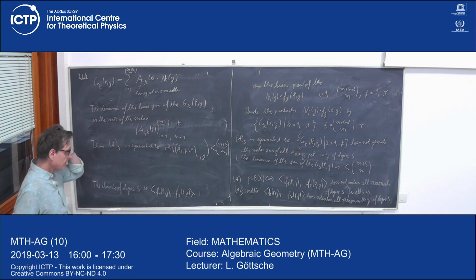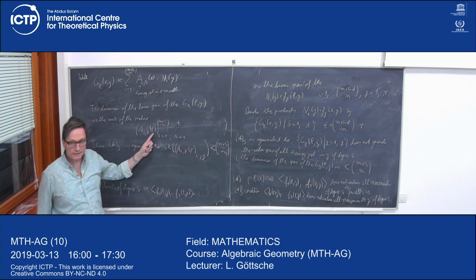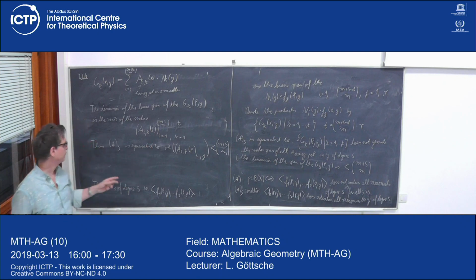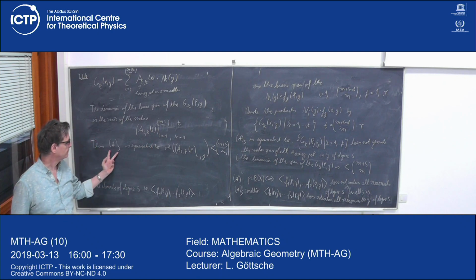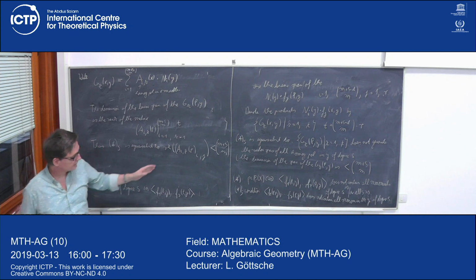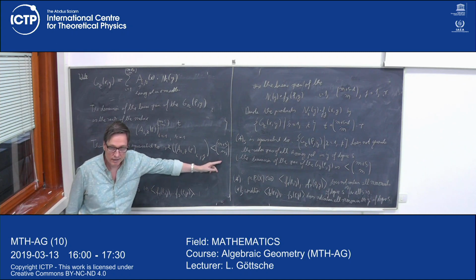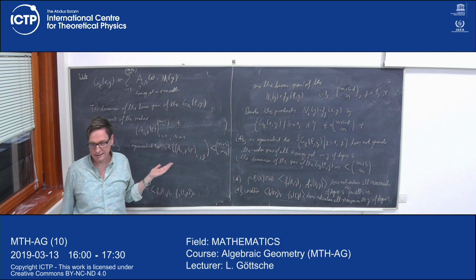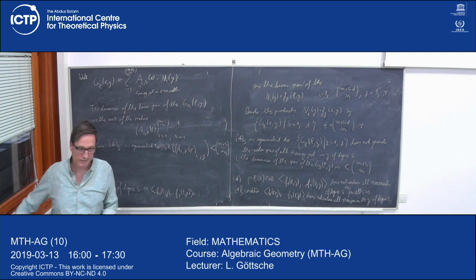So that means the set of all points P which fulfill the condition star s are precisely the points for which the rank of the matrix is smaller than this. But this is the zero set of a set of polynomials, namely of the minors of this matrix.